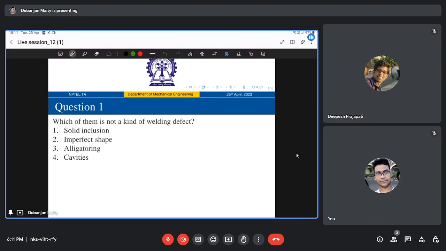So what is a welding defect? The performance of your weld structure depends on the quality of fabrication, and there can be presence or absence of defects in the weld joint. Any deviation from the specified requirement tells you that you have a defect in your particular component.